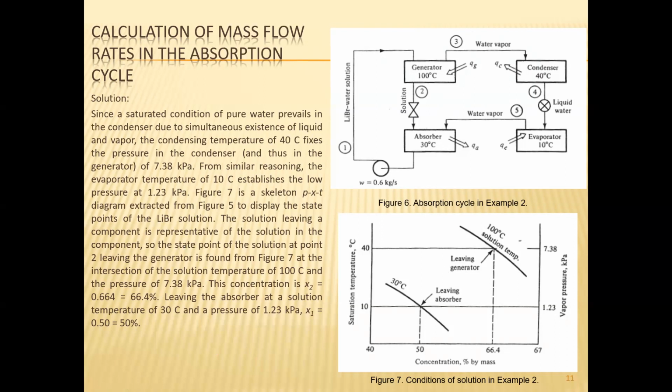So the state point of the solution at point 2 leaving the generator is found from figure 7 at the intersection of the solution temperature of 100C and pressure of 7.38 kilopascal. This concentration X2 is 0.664. So pagbasa nyo, yung 40C and 100C solution dito, ang lalabas mong concentration X2 is 66.4%.